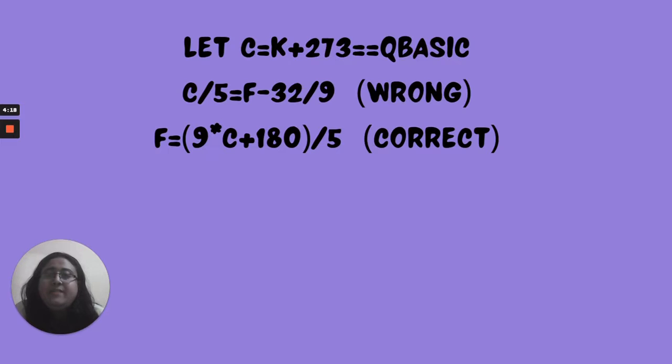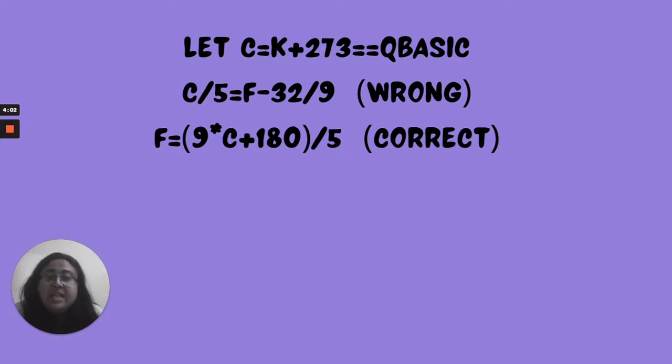Suppose here you have LET C = K + 273, this line of code in QBasic. From here we understand LET is the command that we have to write whenever we need to do any type of calculation.